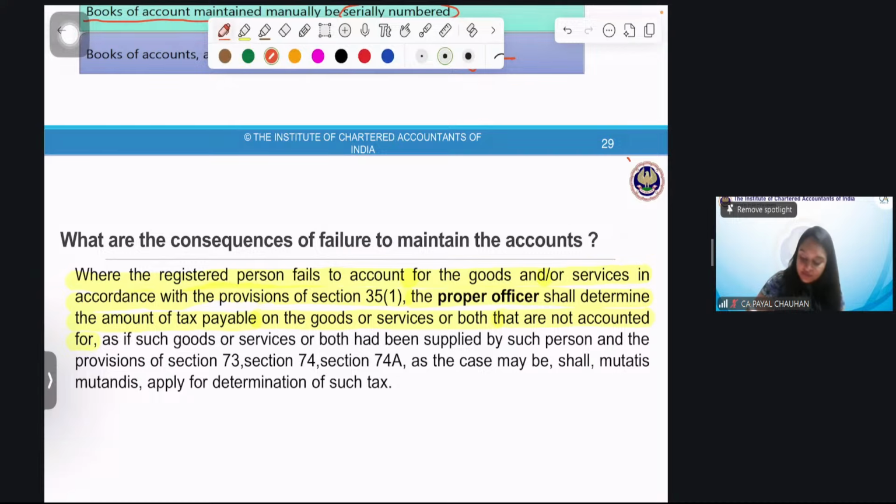Can anyone tell, have we done something like this? Read and tell me. Have we done any provision like this? Think about it.